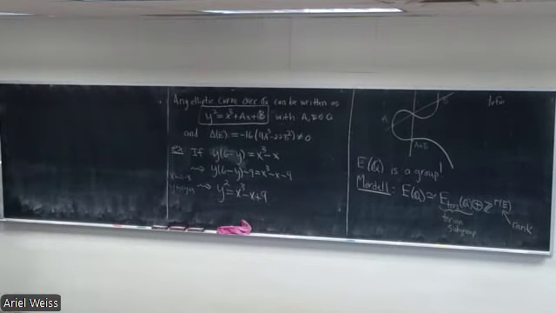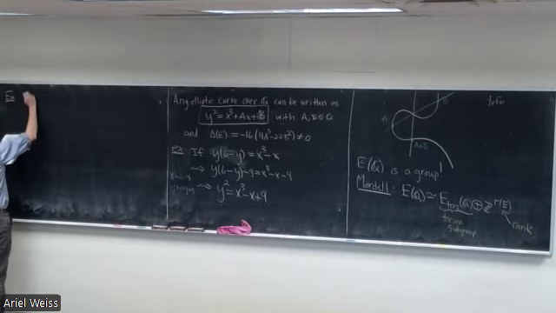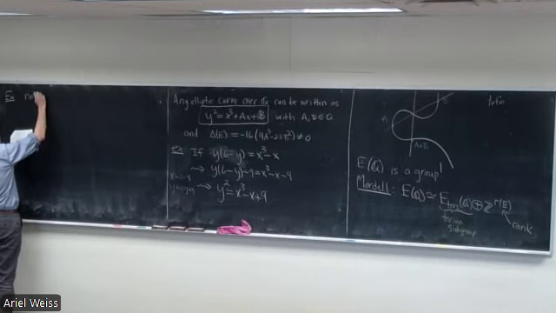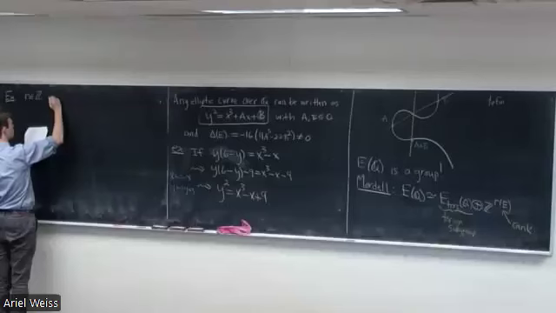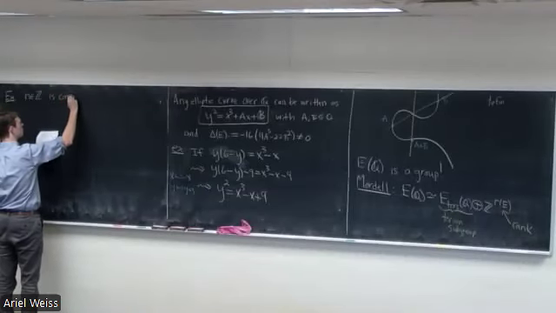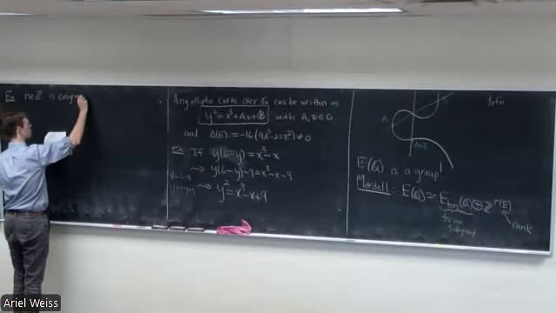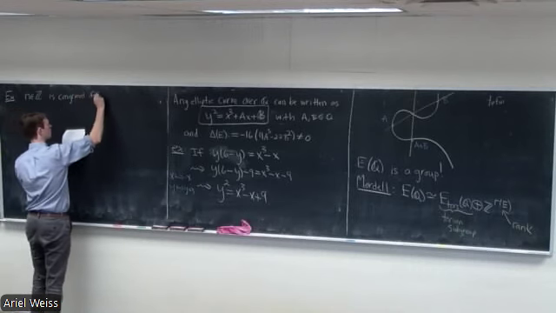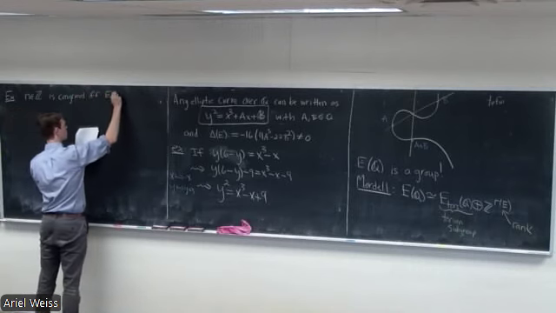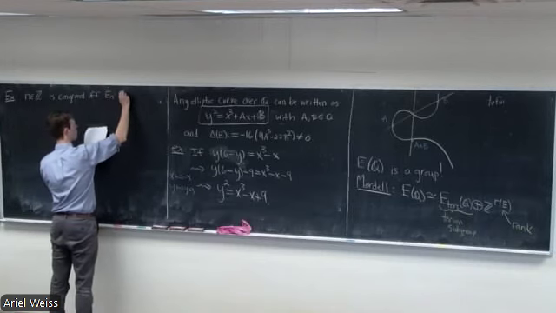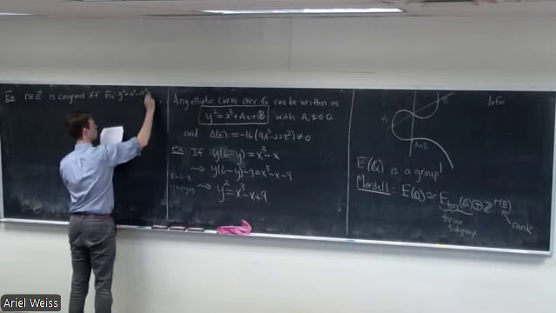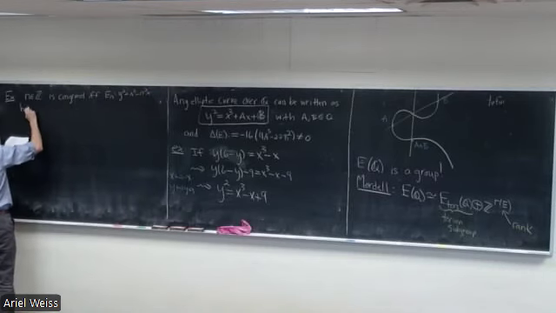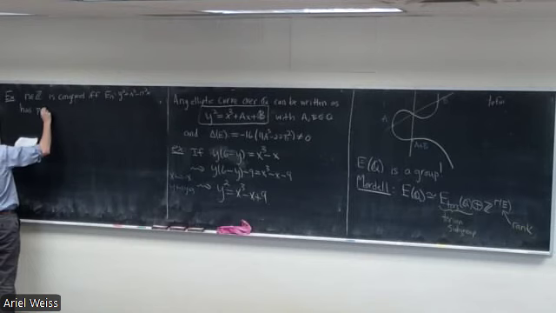So a key example where we know what the rank is, I guess a theorem, is that an integer is congruent if and only if the elliptic curve has positive rank.